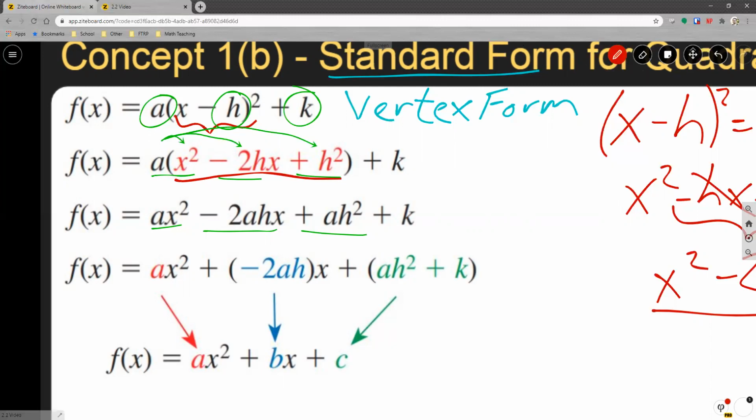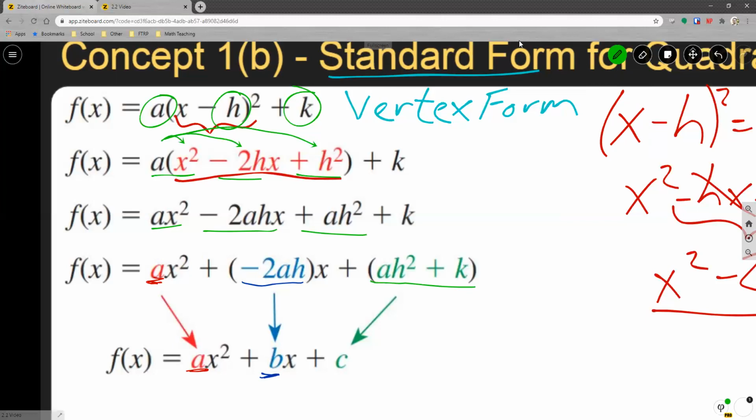For instance, well, a, there's nothing special about. A stays with a, so ax squared becomes ax squared. But for b and c, we get some interesting stuff. Negative 2 times a times h, a number times a number times a number, will equal another number. So I'm going to substitute negative 2ah with the value b. And then same with a times h squared plus k.